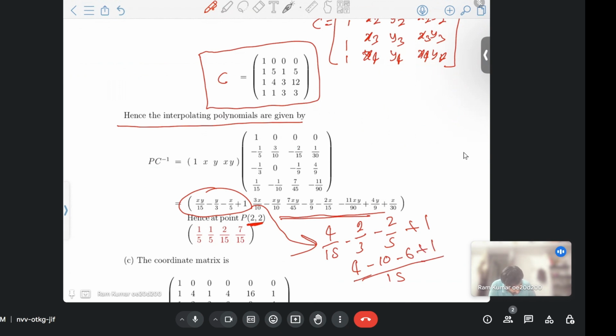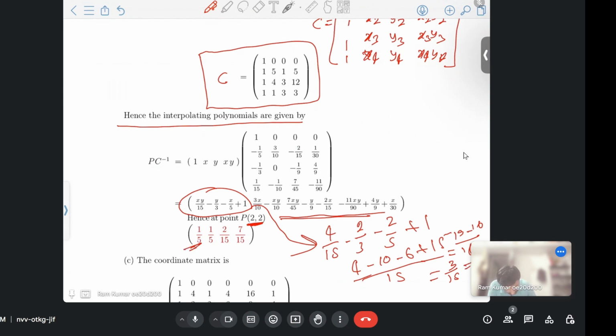So we get 19 minus 16 by 15, which is 3 by 15. So we will get 1 by 5.